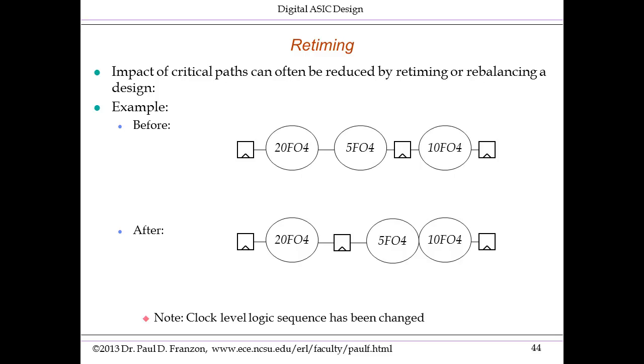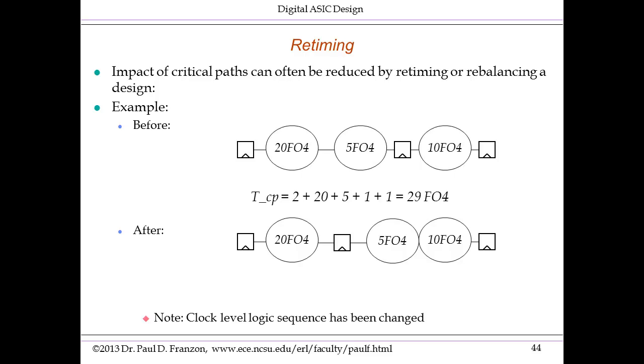So for example, at the top there, I've got two combinational logic blocks with two different delays of 20 FO4 and 5 FO4 in the first stage of the micropipeline. And I've only got 10 FO4 in the second stage of the micropipeline. Thus, the clock period is determined by the critical path in the first stage, which is 29 FO4.